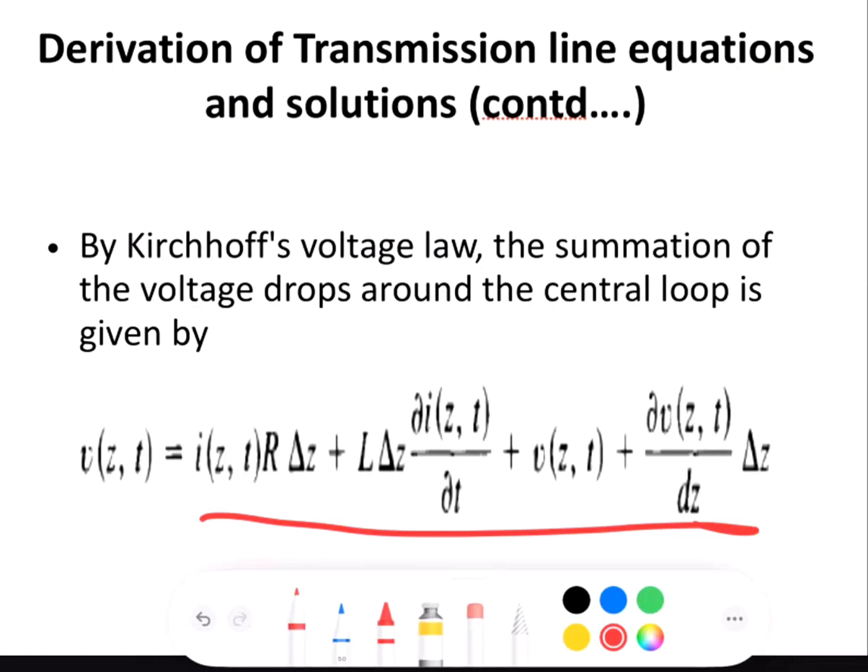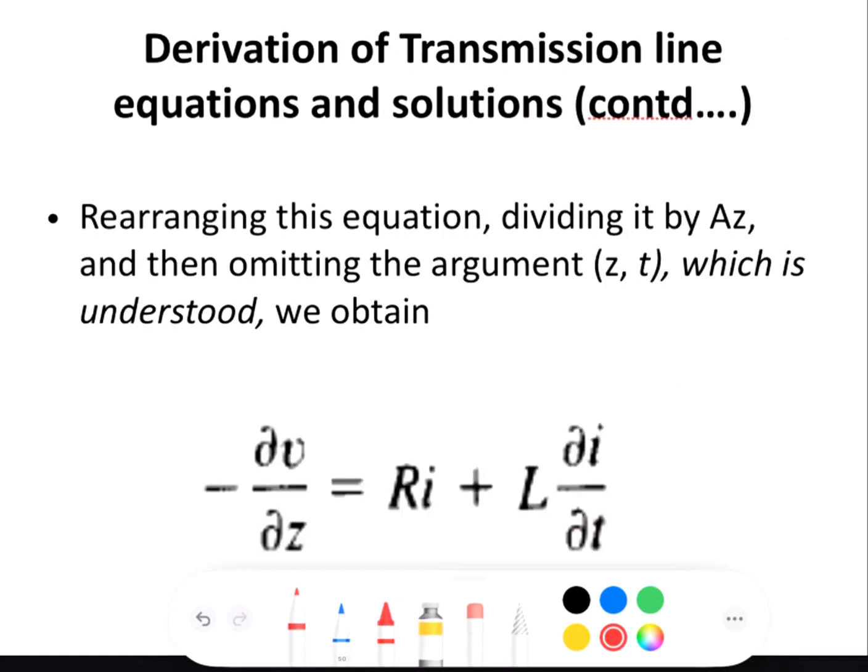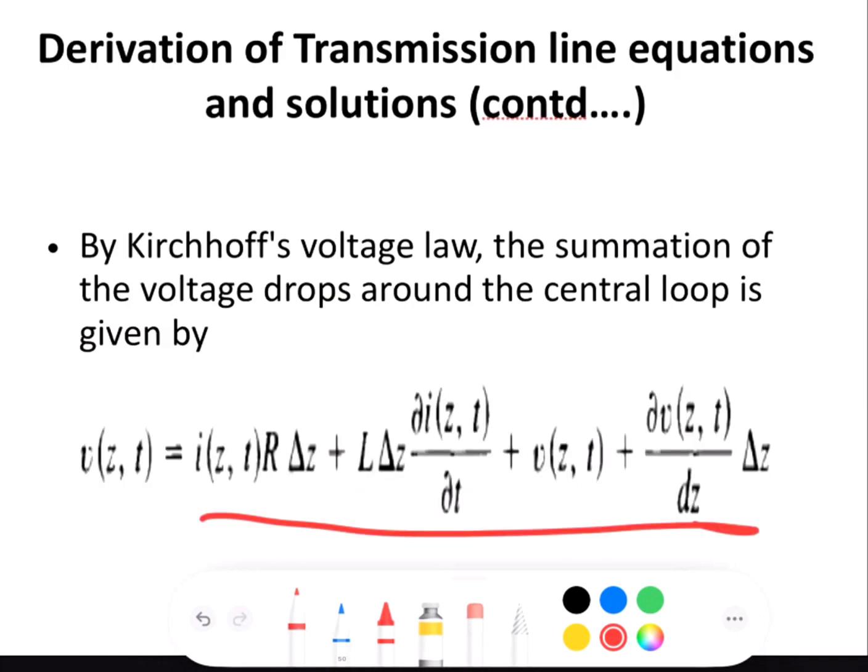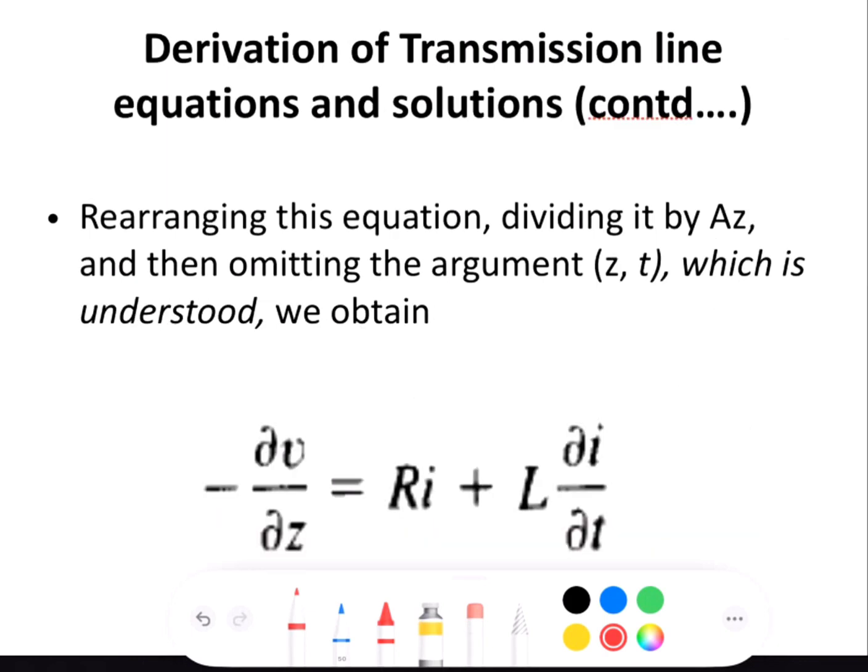V of Z comma T, dou V of Z comma T by dZ into delta Z. Okay. So this is by applying the KVL equations for the center loop. And by arranging the expression, these are the steps, where each step is shown in an individual slide. These are the basic analysis that we are doing, and this is the derivation.